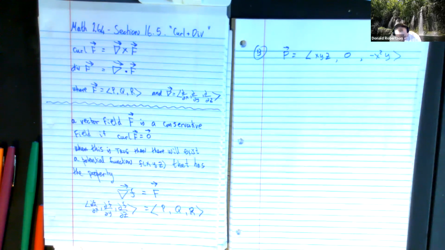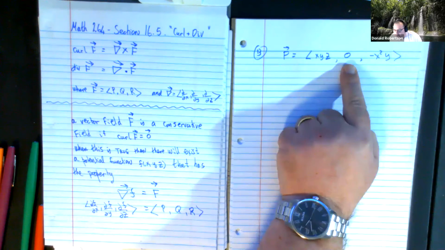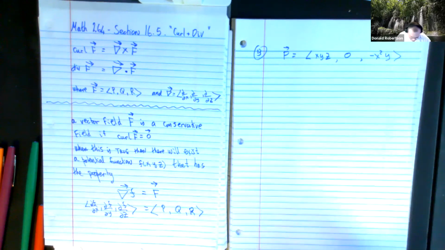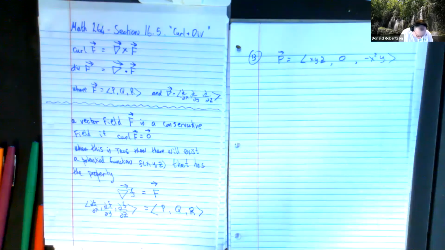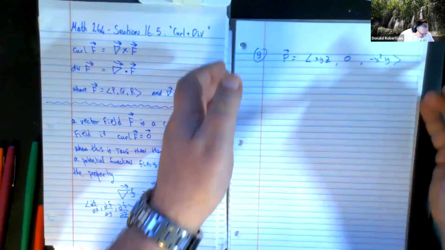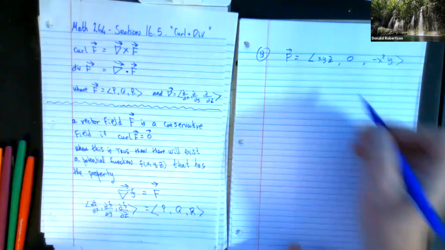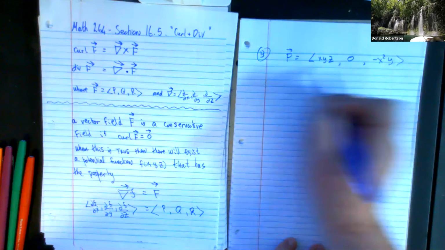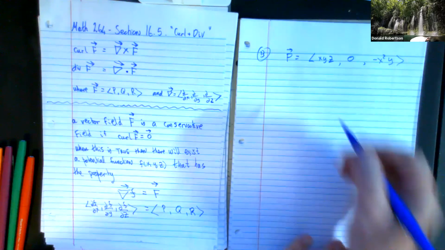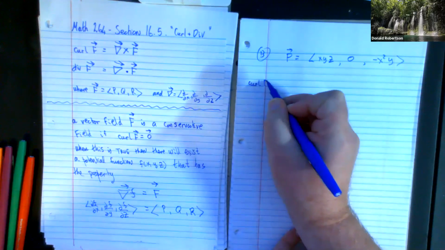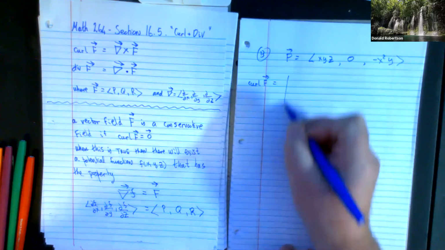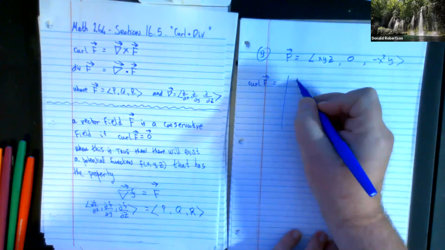The fact that there's a missing middle term, geometrically, that just means there are only 2 dimensions in the vectors that are being used, but the third one is still there, it's still 0. So you find the curl and the div in the same way that I do all of them. So let's do a curl. You're going to do i, j, k.